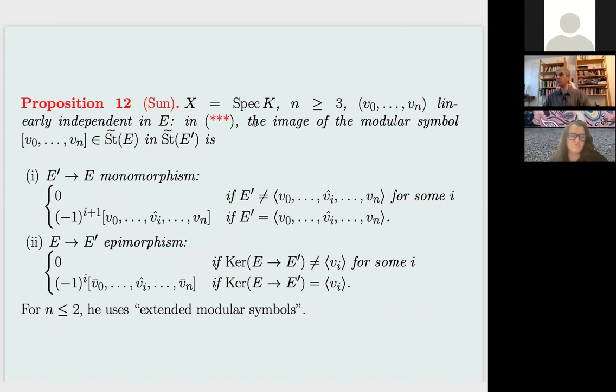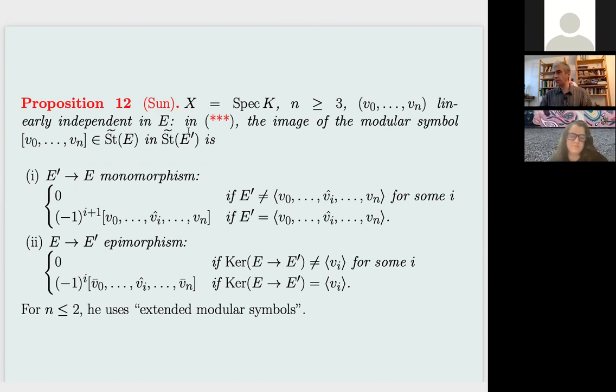So he says this. You take n, I think it should be V1 to Vn. So take V1 to Vn, n linearly independent vectors in E. And then you look at the modular symbol V1 to Vn in the reduced Steinberg module, and its image in the Steinberg module of E prime.